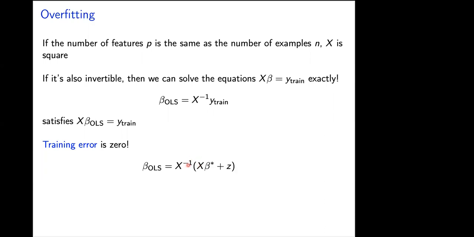So we have X inverse, not always available, but let's say it is in this case.